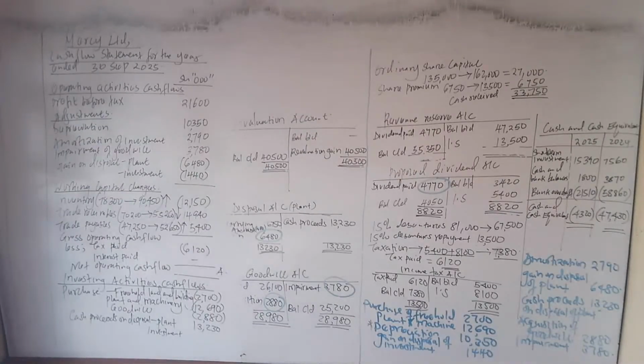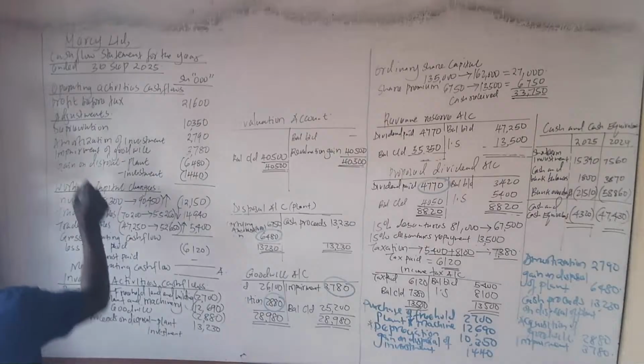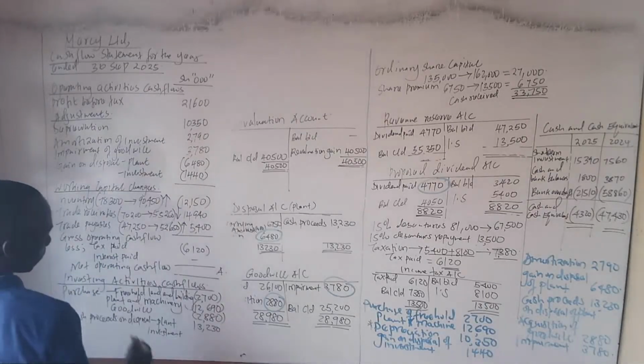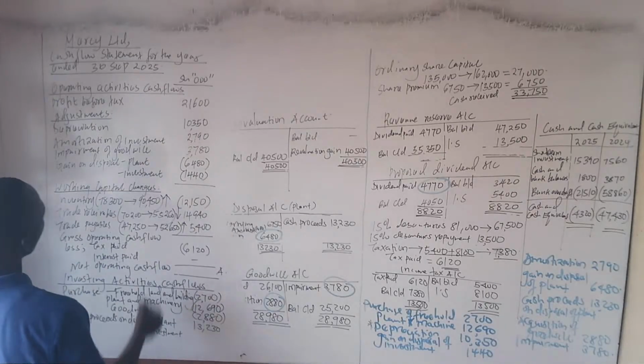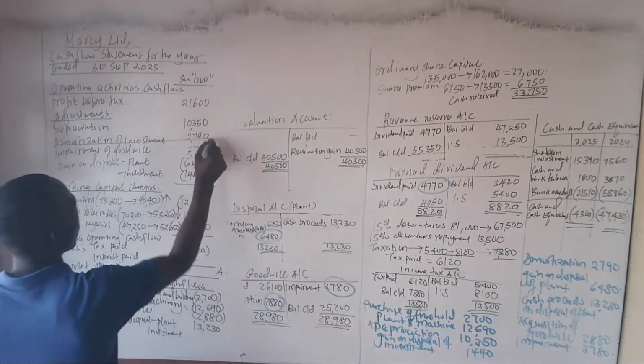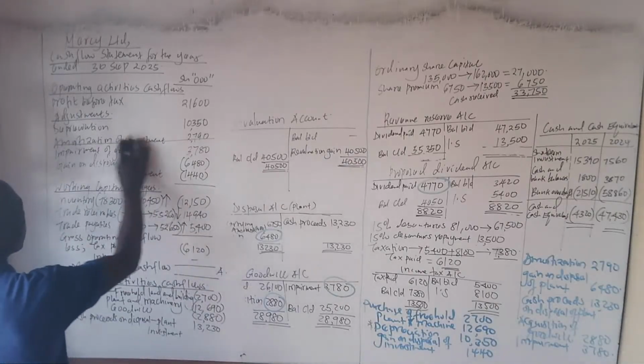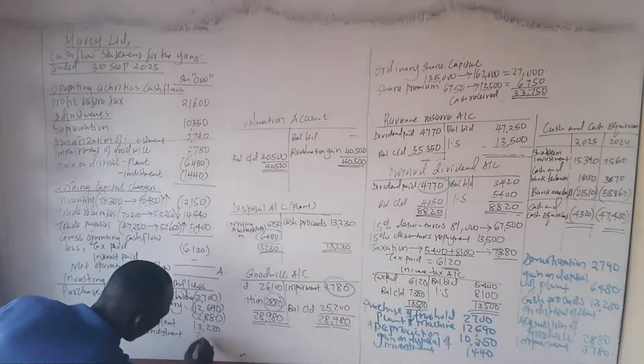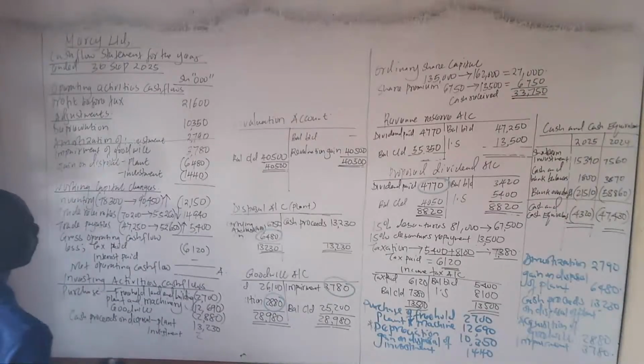So they were talking about the profit. Therefore this cannot qualify to be amortization. It will qualify to be the cash proceeds on disposal. So we don't have this item. This will be the cash proceeds on disposal of investment of 2,790.